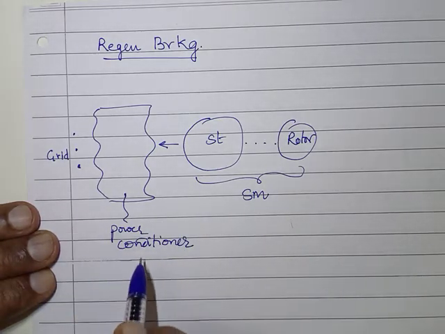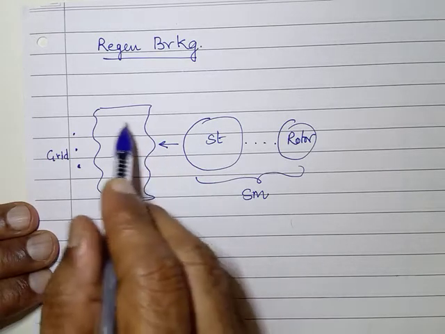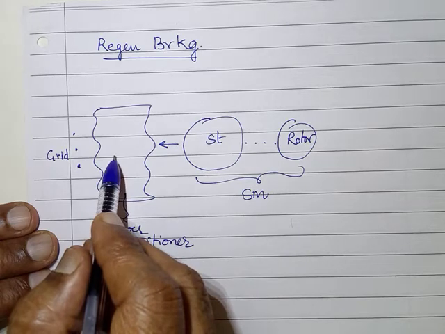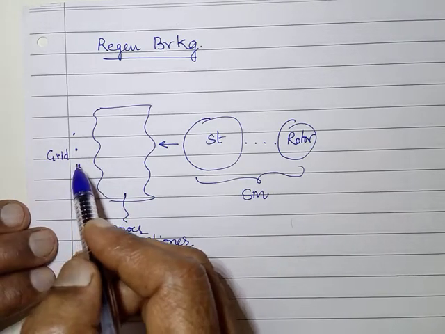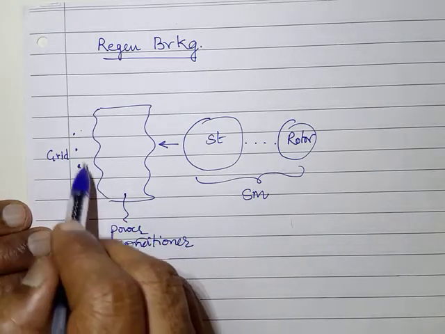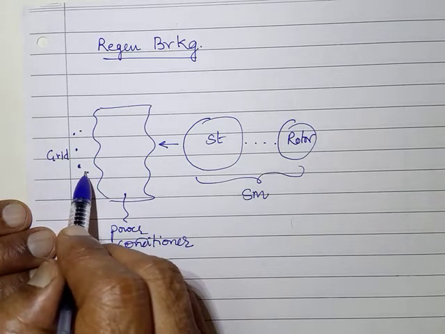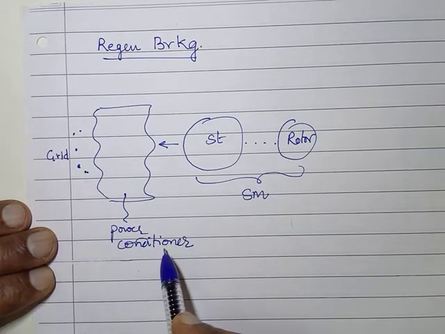Why do I call it a power conditioner? Whatever electric power I am getting here should be conditioned such that I can connect it to the grid, which is three phase. I will give a clue. It has to be three phase supply. It has to be of this phase sequence. It has to be of this frequency. All that is to be done by this power conditioner.